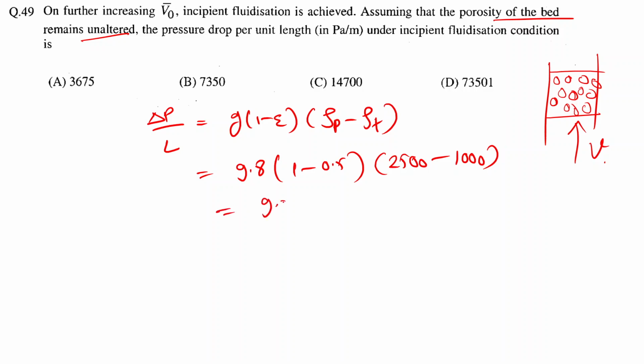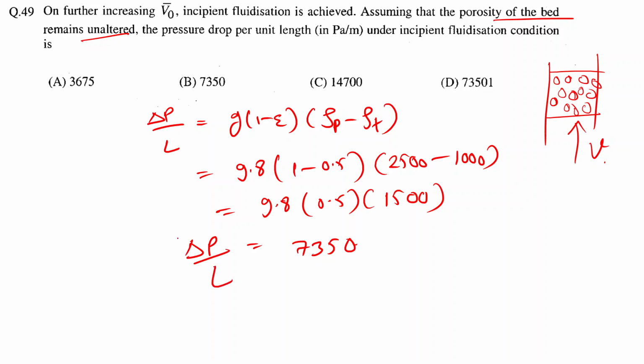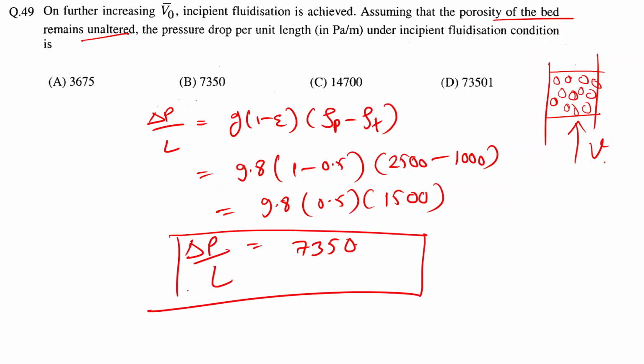So you can write this as 9.8 into 0.5 into 1500. So this will become 7350. That is, the pressure drop across the bed at incipient fluidization will be 7350 Pascal per meter. So from the given options, we can see that option B is the correct answer. So we can select option B as the correct answer.